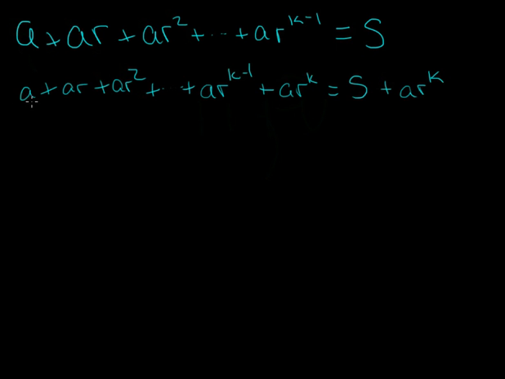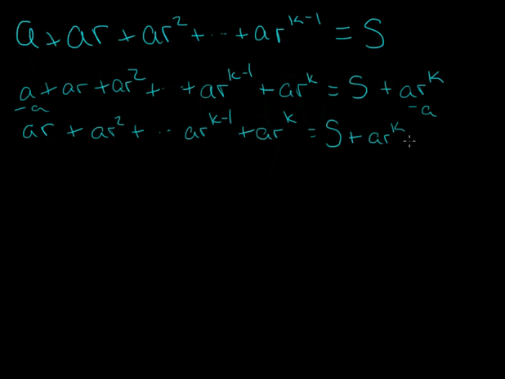Now let's take this first term and bring it over. Subtract it from both sides. So we have ar plus ar squared plus dot dot dot plus ar to the k minus 1 plus ar to the k equals our sum plus ar to the k minus a.